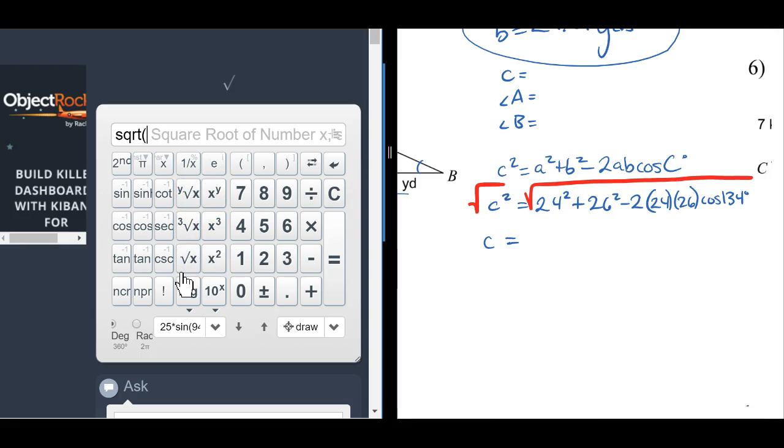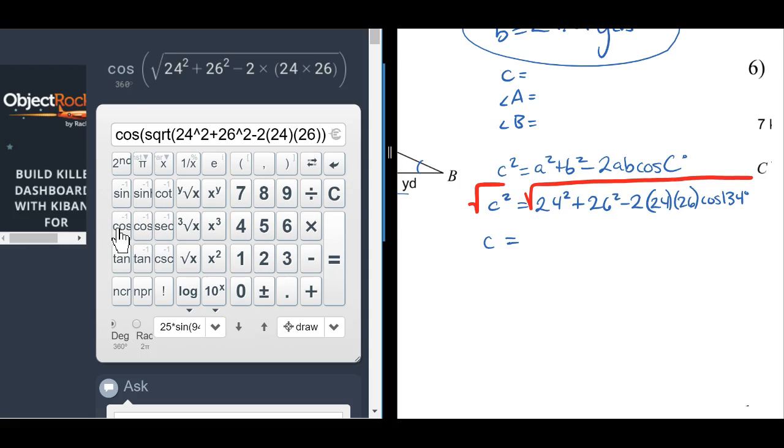Then 24 squared plus 26 squared minus 2 times 24 times 26, and then times the cosine of 134.